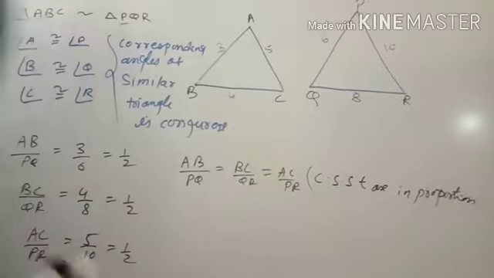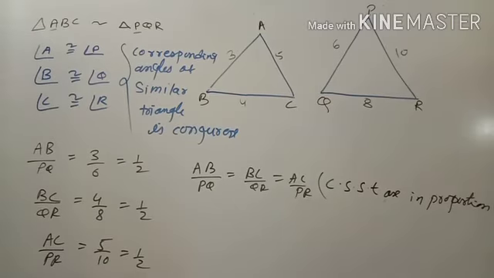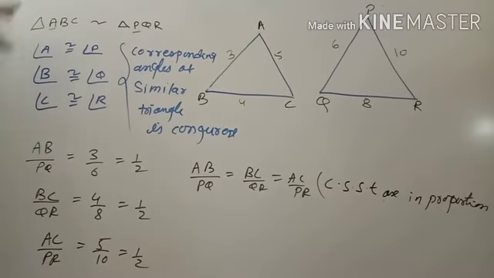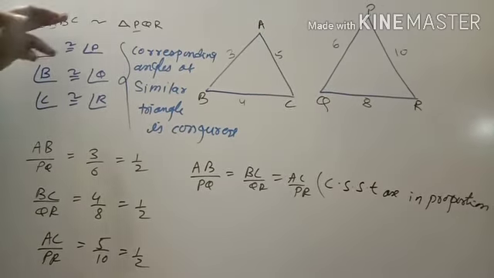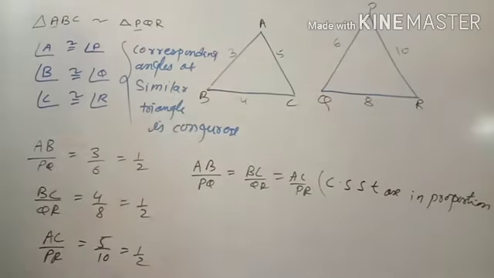So student, two things are clear. When two triangles are similar, their corresponding angles are congruent, and when two triangles are similar, their corresponding sides are in proportion.